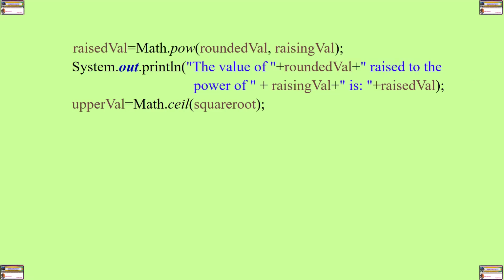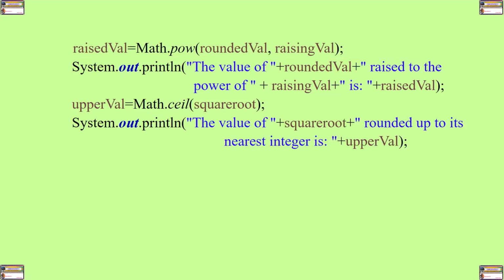We can also compute the ceiling of the value in the memory location called squareRoot. You remember the work of ceil. If you want to round the value in the memory location called squareRoot, as explained, using the method ceil, we write it as follows, and then the value which will be returned can be stored in a memory location called, for example, upperVal.